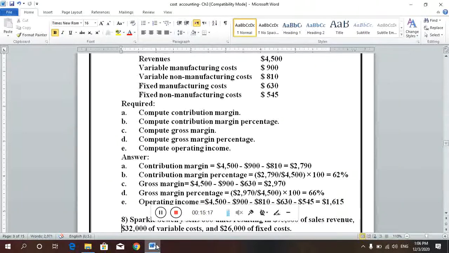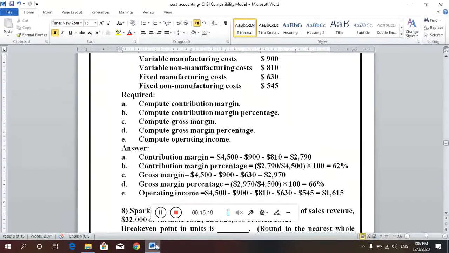And we need to compute the gross margin percentage. The gross margin percentage equals the gross margin divided by sales revenue multiplied by 100%. It will be equal 66%. Operating income. Operating income equals sales revenue minus all manufacturing and operating costs.